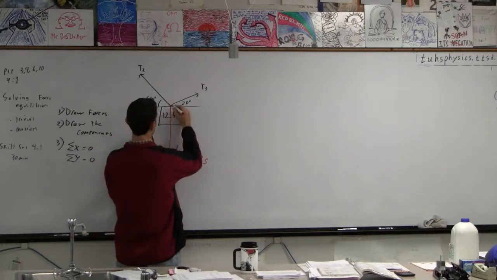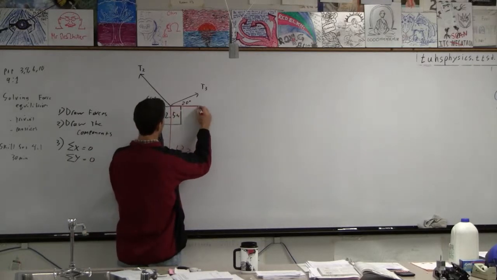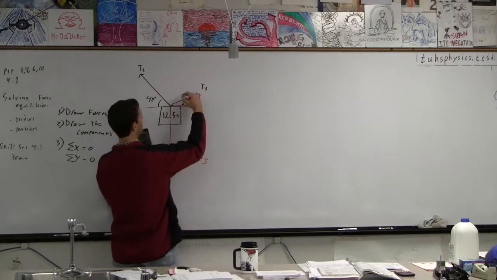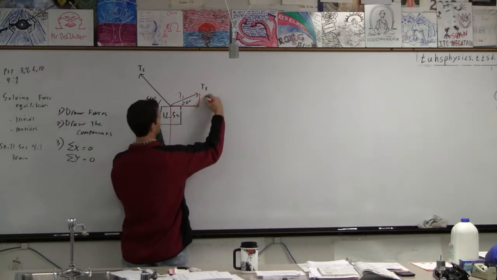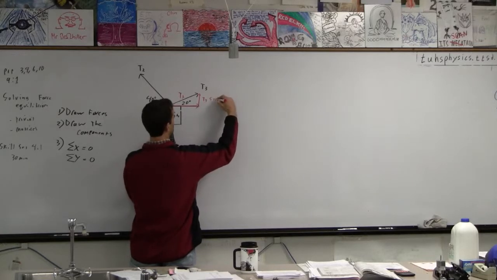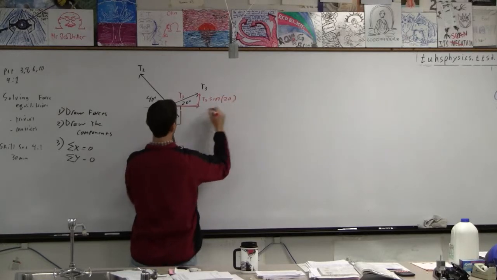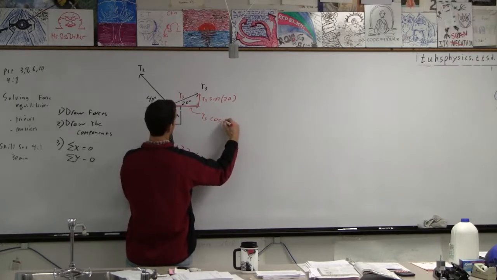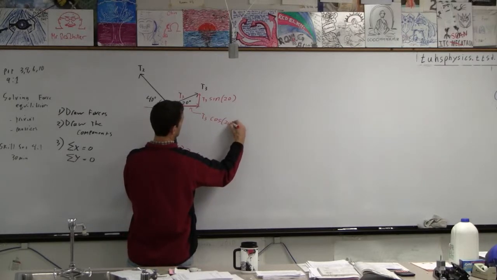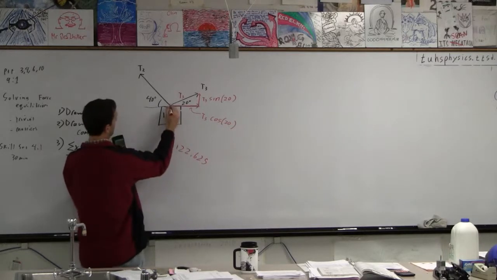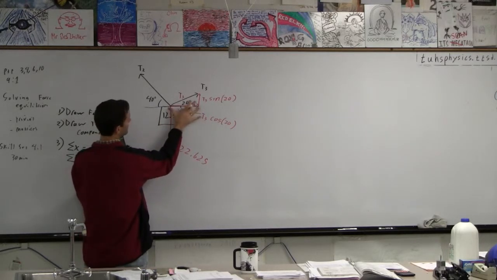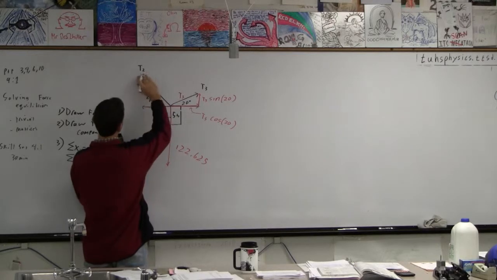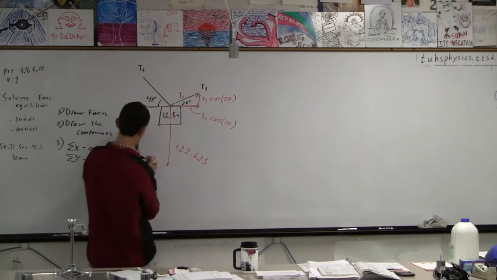So the components of this guy, and here you can see whether you drew the thing correctly, right? If this is T3, then this is T3 sine 20. This one here is T3 cos 20. Right? And then this line here, I know this guy's going to be congruent. So I drew that guy a little bit too long.